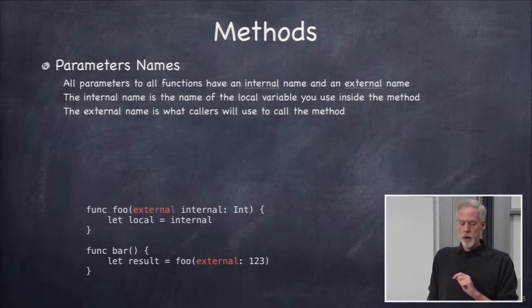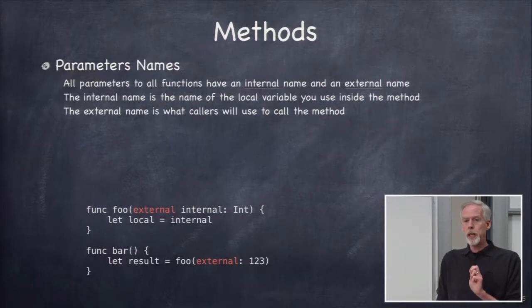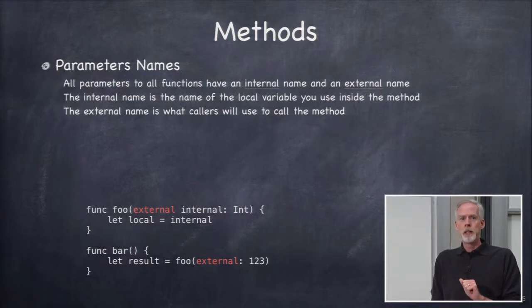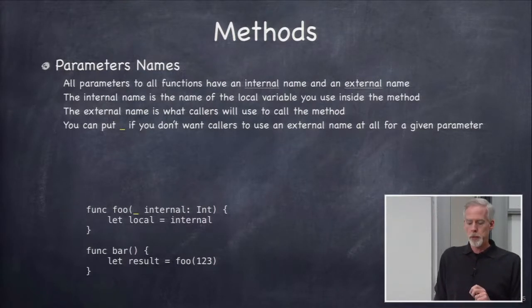So in bar there, I'm calling things, and in foo, I'm defining them. You see that here, I call foo with external colon 123, even though internal to foo, that thing is called internal. So you can have both external and internal names. They can be different. You can put an underbar. Remember, underbar is kind of the don't care thing in Swift. You can put an underbar if you don't want callers to use an external name. So now look at bar.